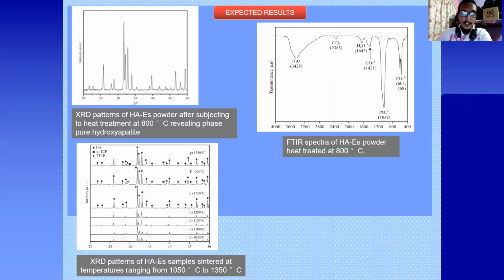We can see that at different temperatures, different types of calcium phosphate might be produced, such as HA, beta TCP, alpha TCP, or gamma TCP. On the right is the FTIR spectra of HA powder heat treated at 800 Celsius, which shows the composition of the calcium phosphate.